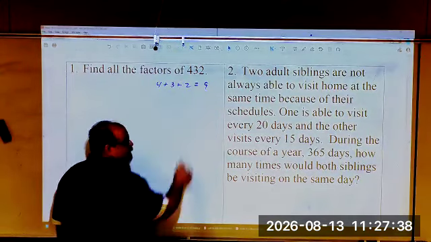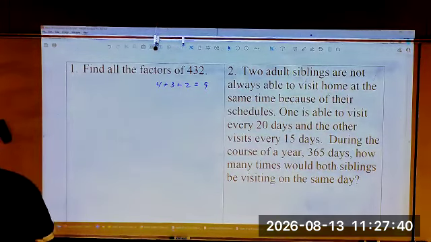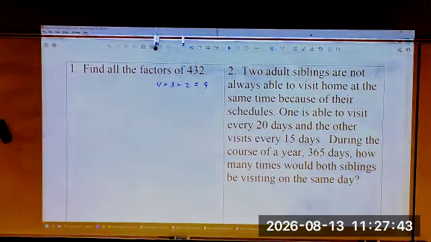If the sum is divisible by 3, you can divide the entire number by 3. 3 goes into it. So 3 goes into 432.